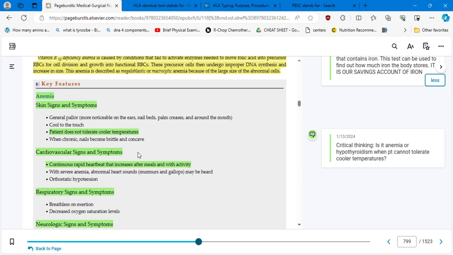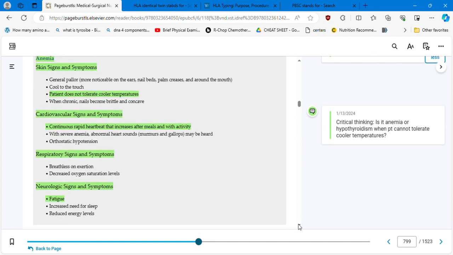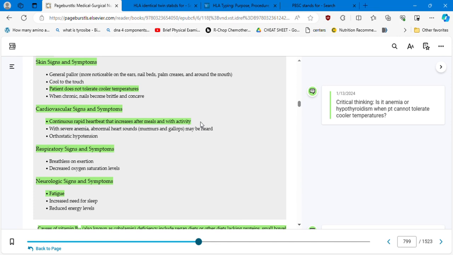Cardiovascular signs and symptoms: continuous rapid heartbeat that increases after meals and with activity, especially because you need to understand why this is happening, not just learning or memorizing the facts. If the patient is having low oxygen because he's having low hemoglobin and because he's having low RBCs, that oxygen is going to be minimum to develop activities of daily living, like eating or walking.